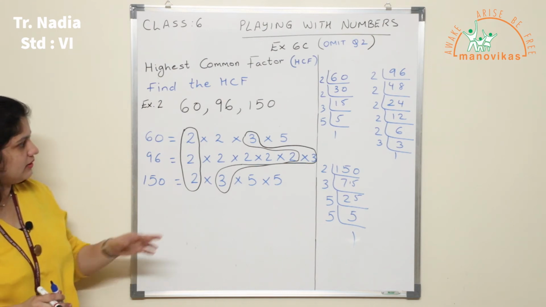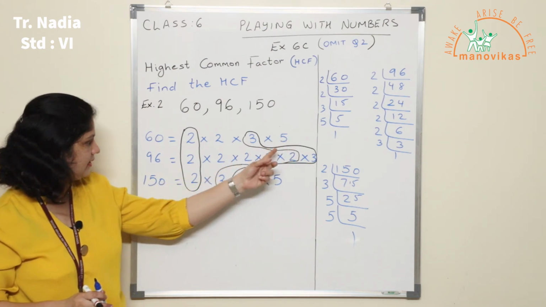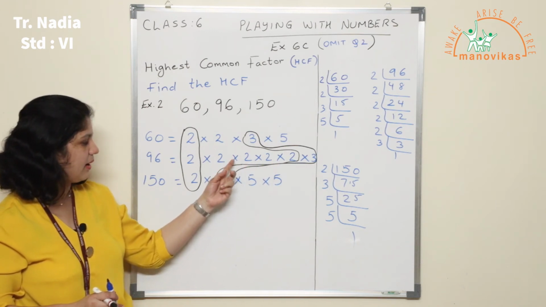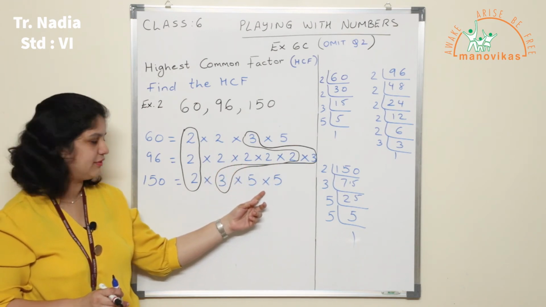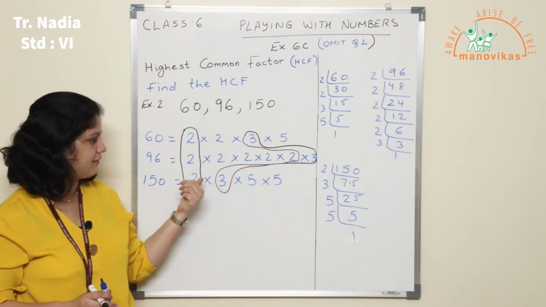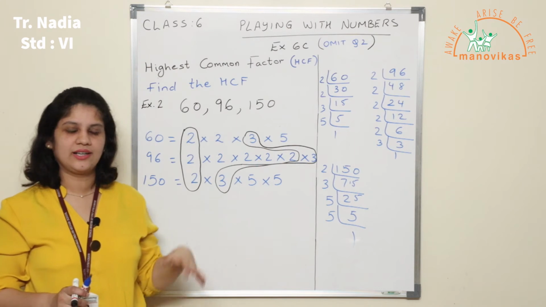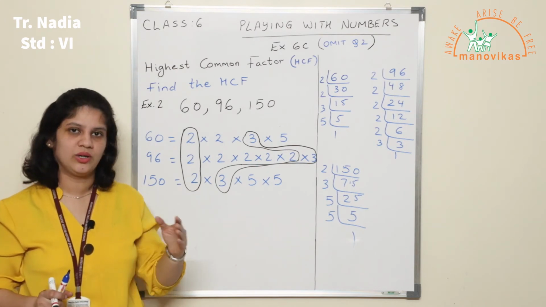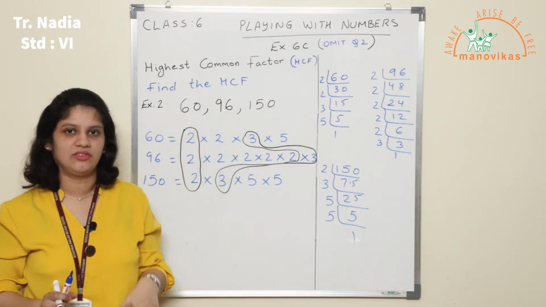Anything else is common? There is a 5 with the 60, but there is no 5 in the 96 part. There is a 5 in the 150 part. So you cannot circle 5 because 96 does not have any 5. Alright, so whatever you circle in case of 3 numbers, make sure that the digit is there in all the 3 numbers.